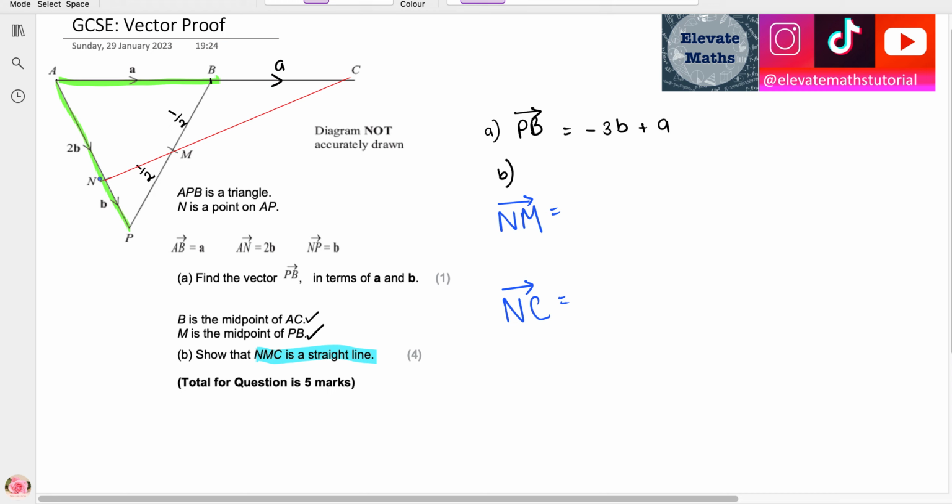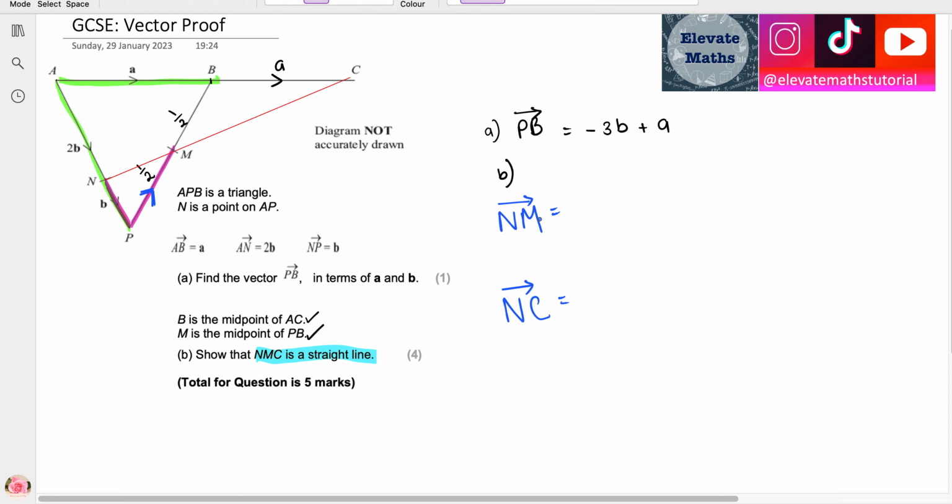So we're going to do NM first, and always the part A links to part B somehow. So here, we remember we calculated the vector PB before. So the path that we're going to take to reach M is the quickest path, so N to P, and then P to M. Okay, the vector that we previously calculated was PB, so we're going in that direction.